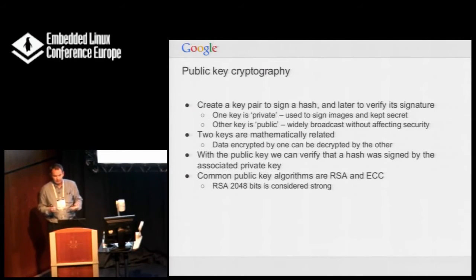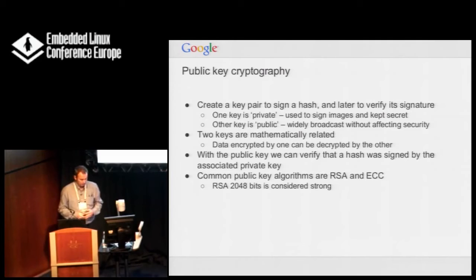Everything I'm talking about here relies on this. A really common algorithm is RSA, and 2048 bits is considered fairly strong. Chrome OS actually uses 8K bits for the initial key, but that's extremely strong.